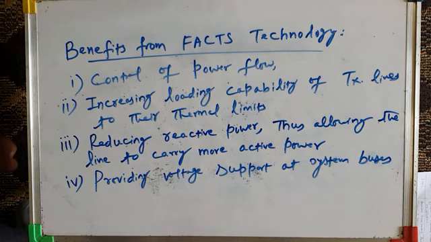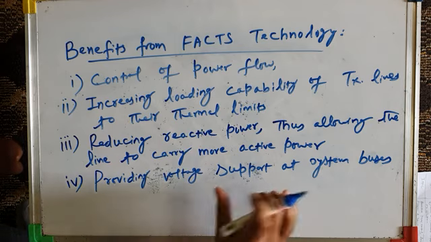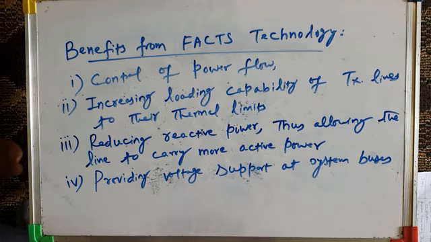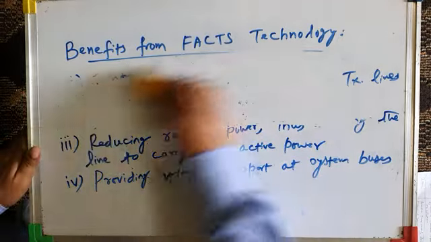I mean, the voltage at a particular bus may collapse. But if you have a FACTS controller connected there or near to that bus, that FACTS controller will immediately provide the voltage support to that particular system bus, and hence it will avoid voltage collapse at that bus. So this is another advantage of FACTS technology.